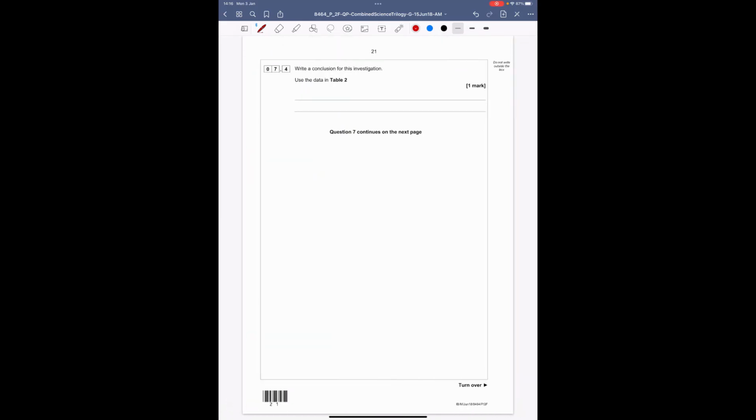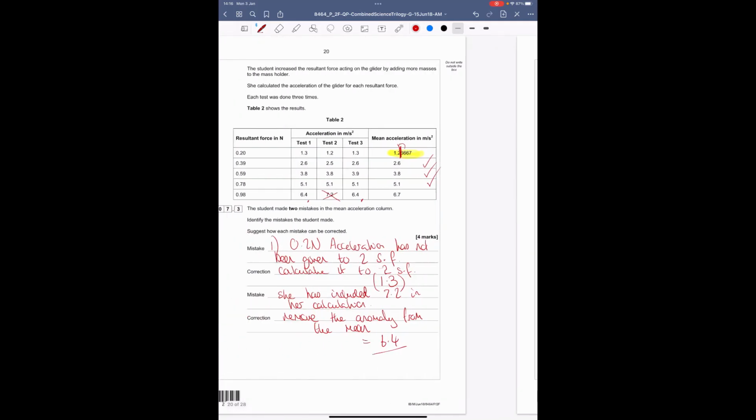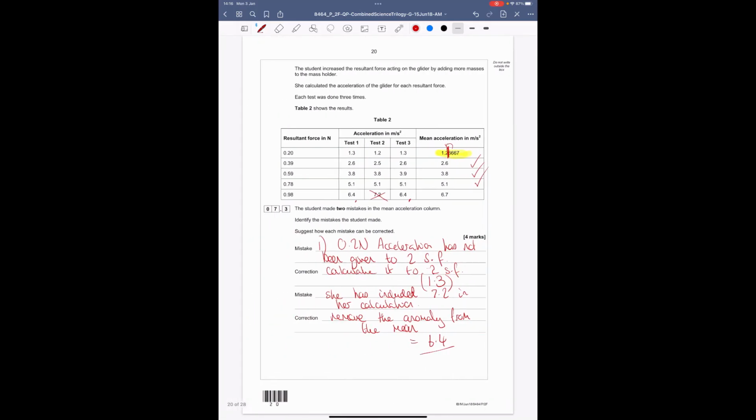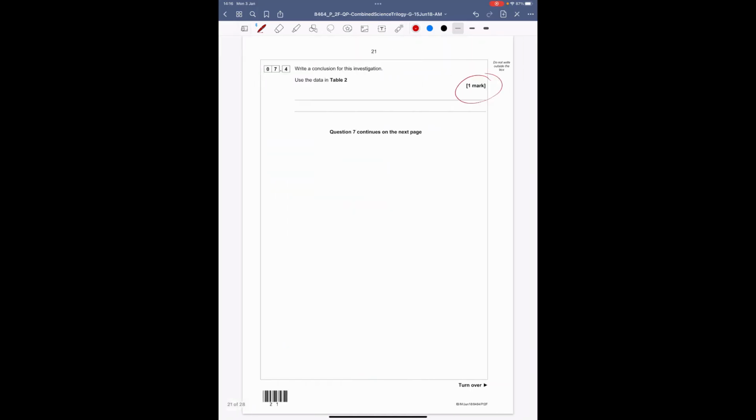Question 7.4, write a conclusion for this investigation, use data in table 2. So it's only 1 mark. So I'll flick back to the table and we can have a quick look what's happening. So as the force is going up, what's happening to the acceleration? Well, it is also increasing. So as the force increases, the acceleration increases.